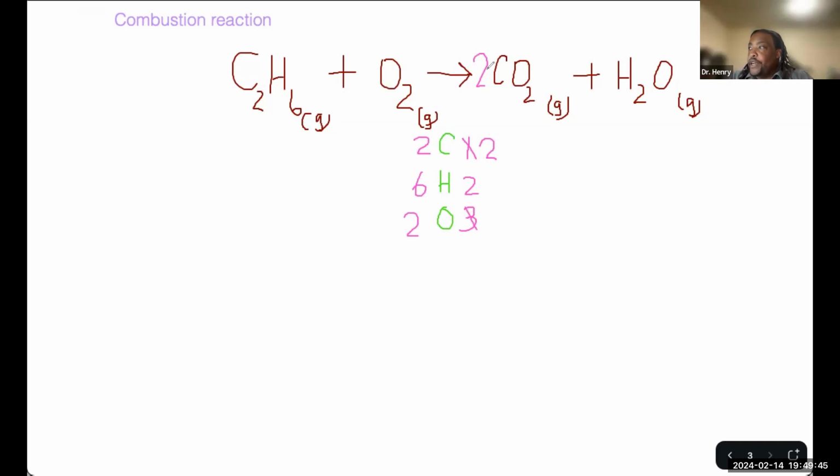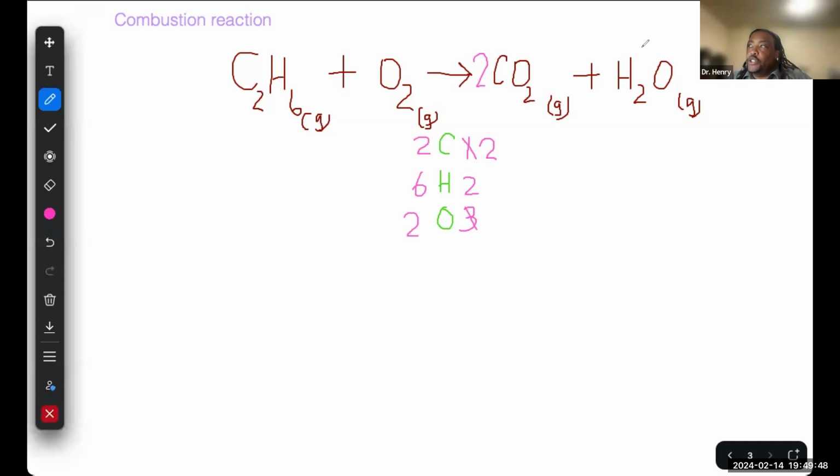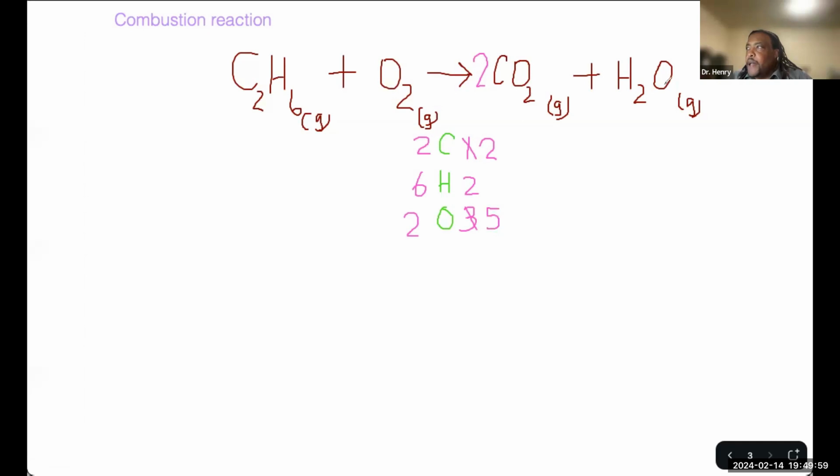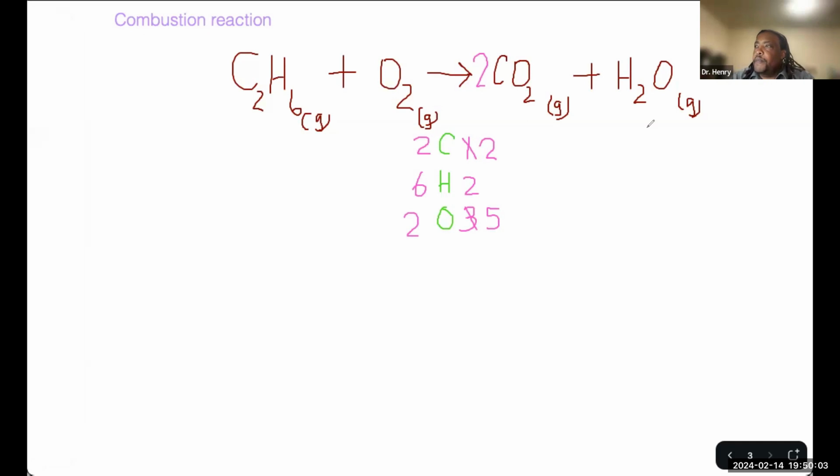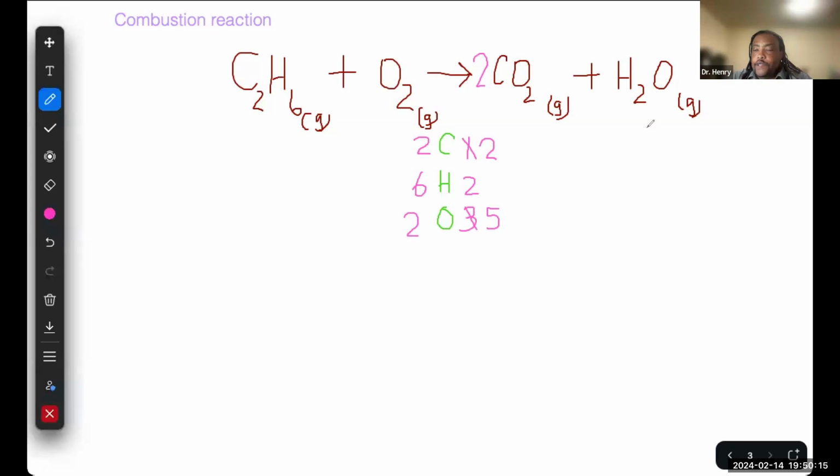We got 4 here, and then we have an additional 1 on the water, so we have a total of 5. So 4 from the carbon dioxide, that's 2 times 2, plus the 1 that we'd have over here. Okay. So is that balanced?